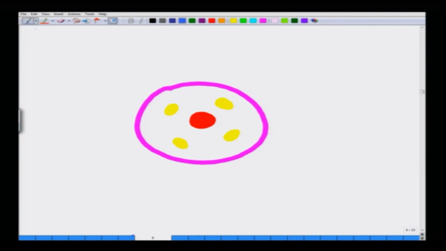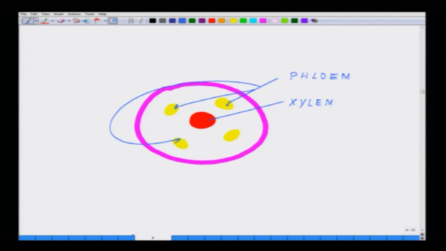This is the cross-sectional view. Here you have the xylem, and here you have the phloem vessels. There are multiple phloem vessels traveling all along, and this will come very handy while we talk about the plant movement.